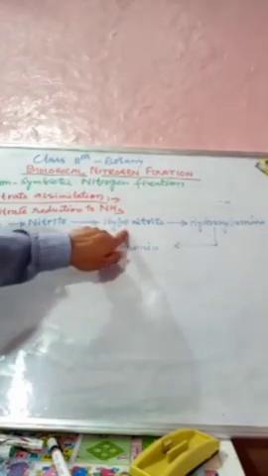Nitrite gets converted into hyponitrite. Hyponitrite gets converted into hydroxylamine. Hydroxylamine gets converted into ammonia. So nitrate gets reduced to ammonia in the following steps: nitrate to nitrite, nitrite to hyponitrite, hyponitrite to hydroxylamine, and hydroxylamine to ammonia. And it takes place in two steps.